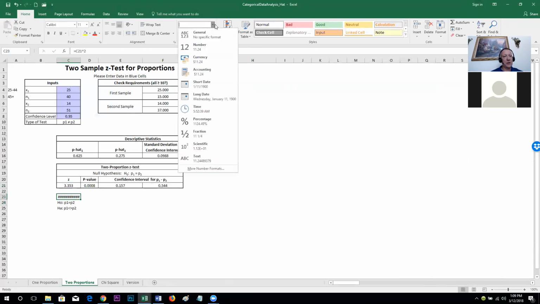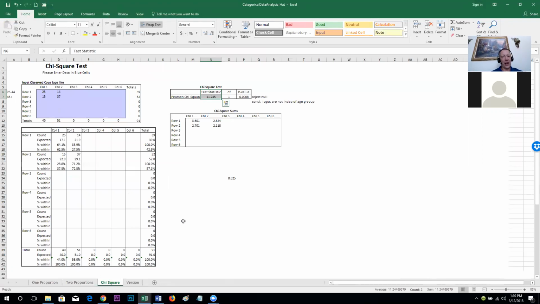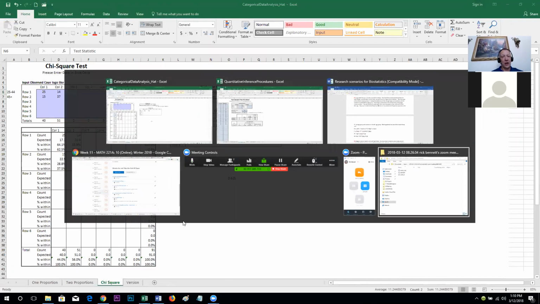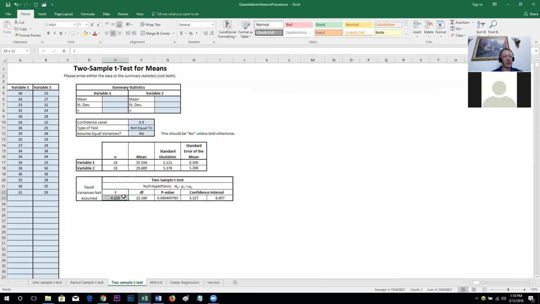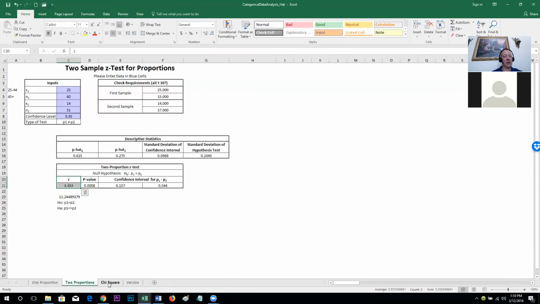So test statistic refers to either the z or the chi-square or the F or the t. These are my test statistics here. But going back, that's why these two tests are related to each other.